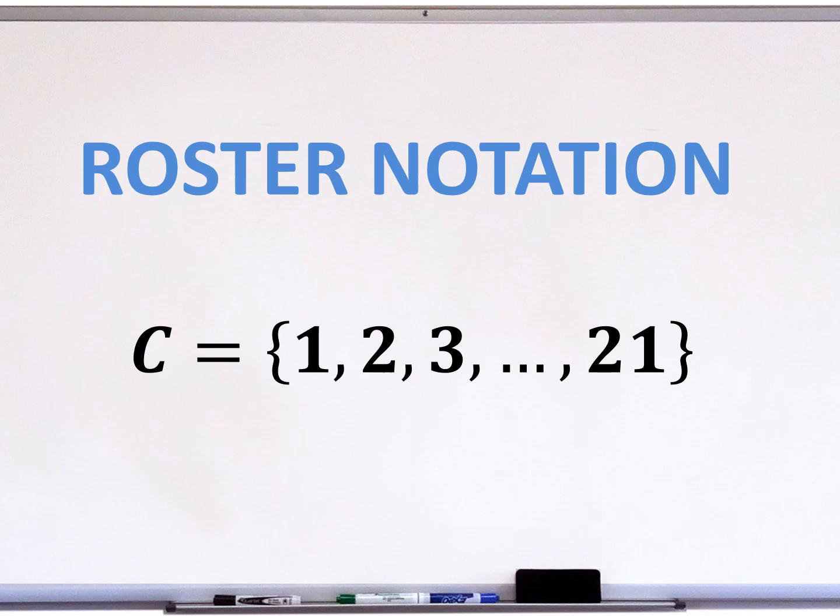The last element of the given set is 21, so the ellipsis here signifies the numbers in between 3 and 21. Therefore, the given set has countable elements, and so set C is an example of a finite set.